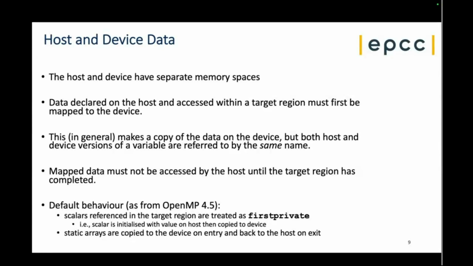One of the ways to do this is that you create a mapping between some region of memory on the host and some region of memory on the device. And then you trust OpenMP to take care of doing all the data movements, so copying data from the host to the device and back.